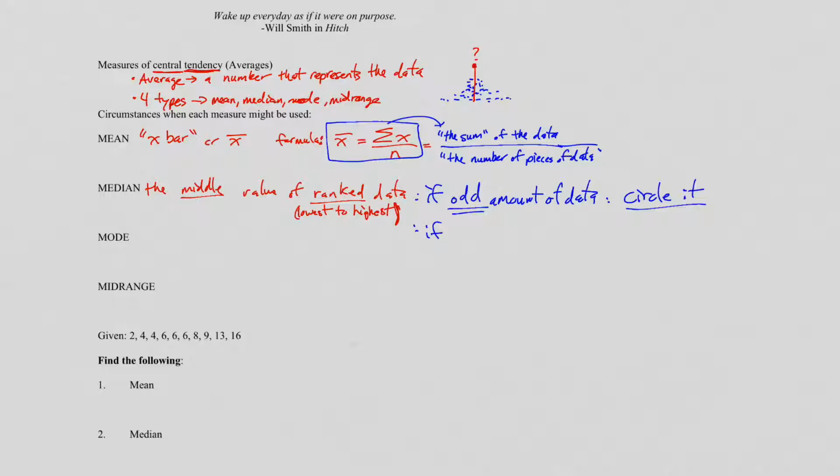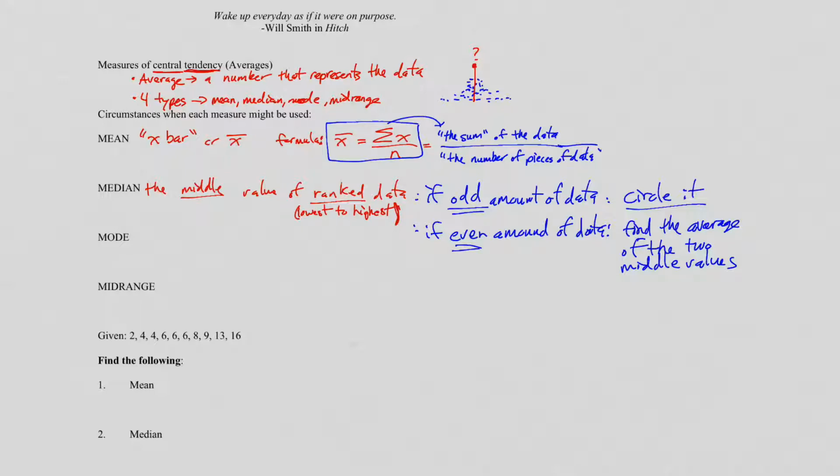If your data is even, that means you're not going to see the median, and you're going to have to find the average of the two middle values. We'll take a look at that in a few moments.